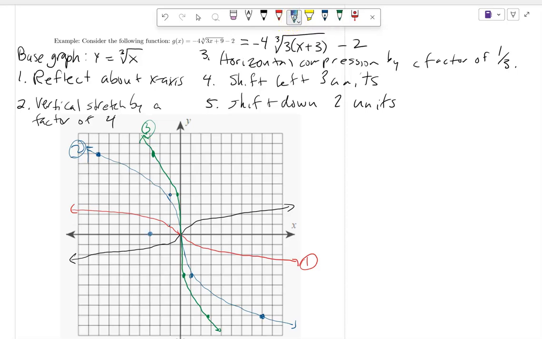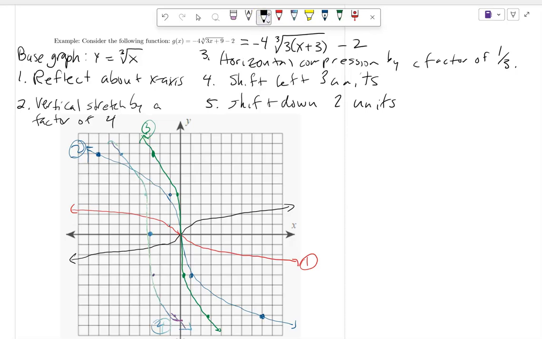And then this green dot here will go over here. 1, 2, 3 units here. And 1, 2, 3 units here. So it should be that one. Not great. I'm not looking for perfection in your pictures, just the idea.